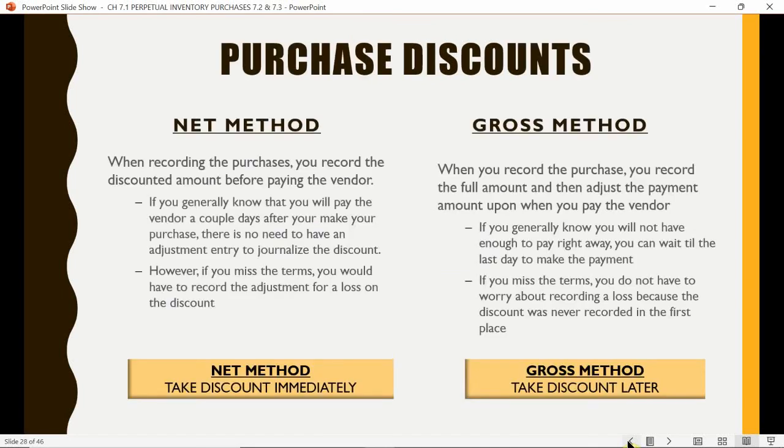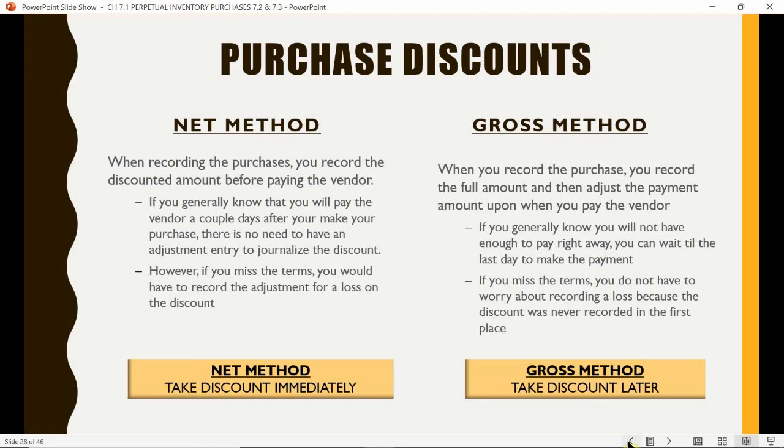Now, there are two ways that we can recognize this. We can recognize it as either the net method or the gross method. We've seen this before. Very similar concepts, except the difference is we're not journalizing it as a purchase expense. We're going to be journalizing it as inventory. However, the net method is straightforward.